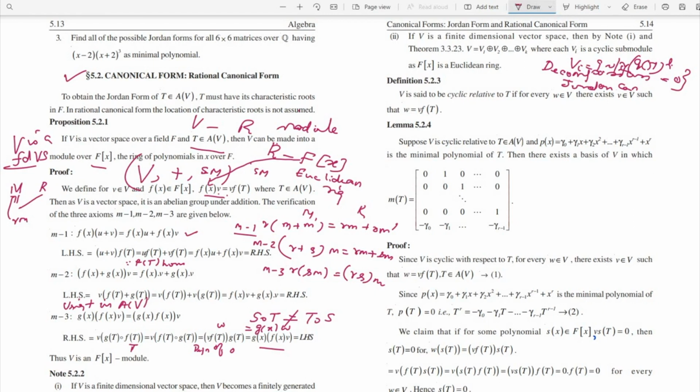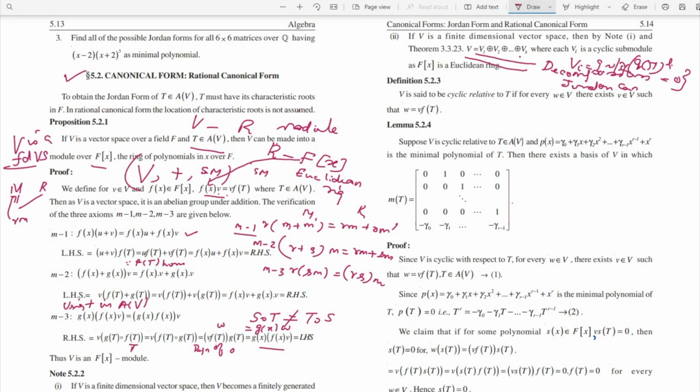So by the fundamental theorem on finitely generated F[x] modules, if you use this, then you have your V being written in this way, each Vi a cyclic submodule. But when we regard our V as a finite dimensional vector space, we have also proved the same thing.